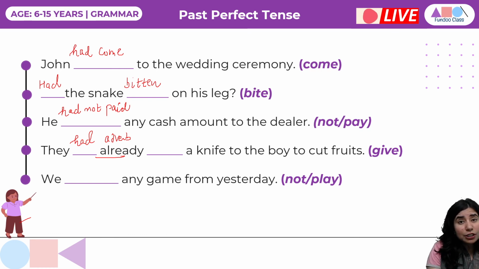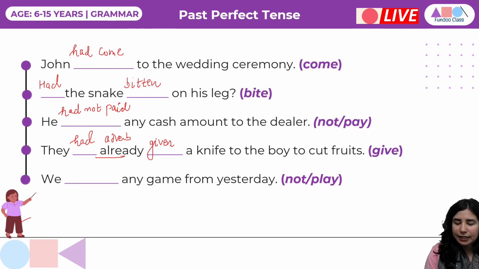See, we just now learned about adverbs and you have another adverb, right? So keep your focus for the details and keep writing down the details, and you will see that you will learn the application and you will find the application in and around you, right? So they had already, let's finish this statement, given a knife to the boy to cut fruits, right?